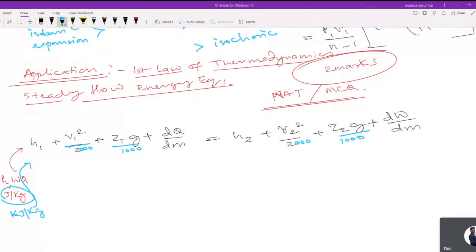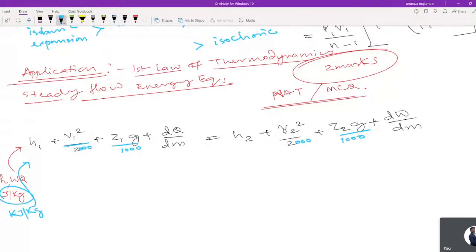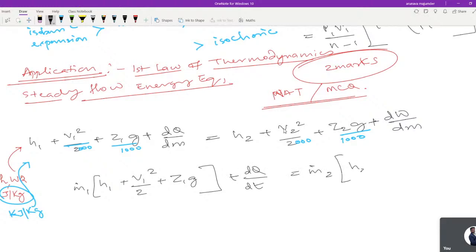Now moving to the next, further, we can rearrange this formula also. How can we rearrange this formula? We can also write it like that: m dot 1 (h1 plus v1 square by 2 plus z1g) plus dq by dt equals m dot 2 (h2 plus v2 square by 2 plus z2g) plus work done, right?